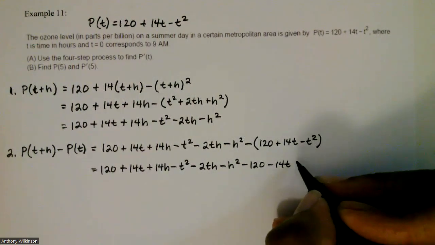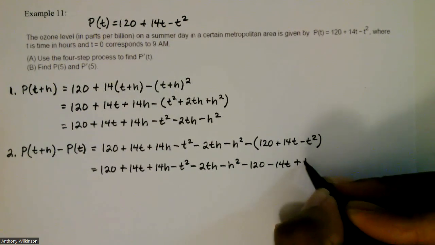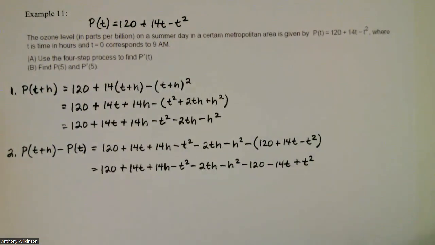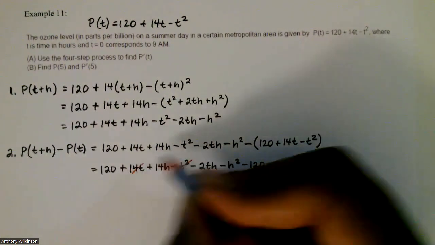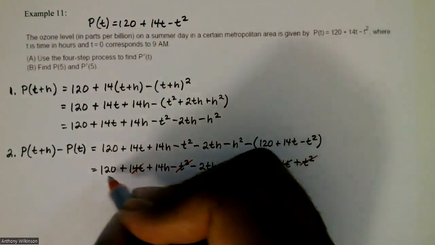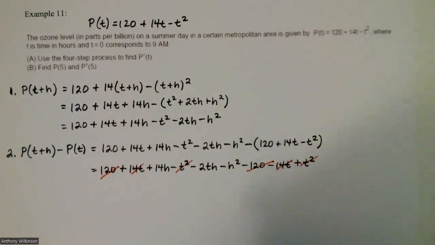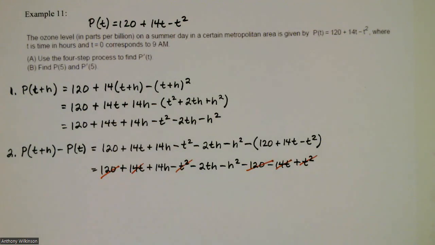And the minus makes the T squared minus T squared a plus T squared. Minus T squared and plus T squared is gone. 14T and minus 14T are gone. 120 and minus 120 they're gone. I should be left with nothing but terms that have an H in them.